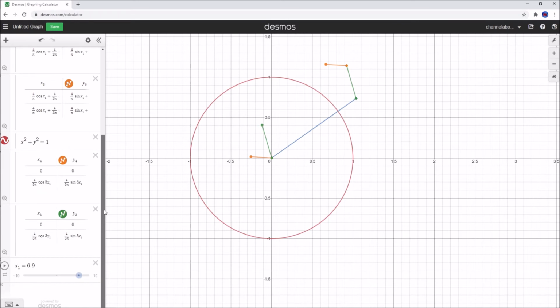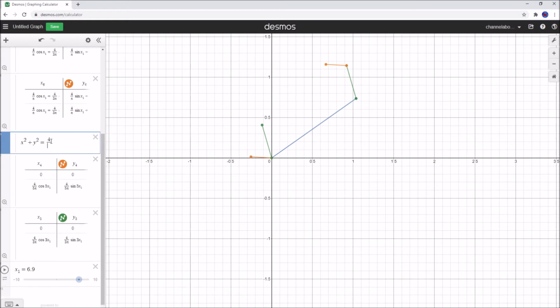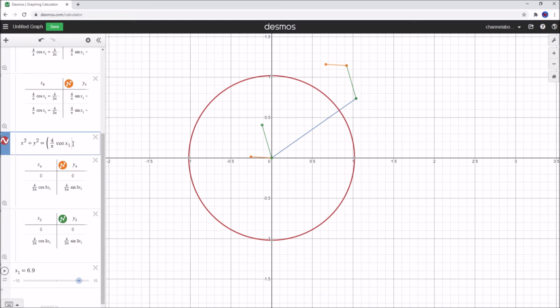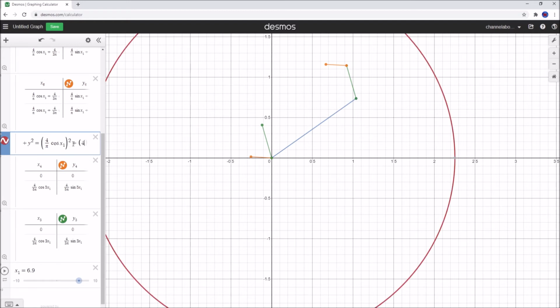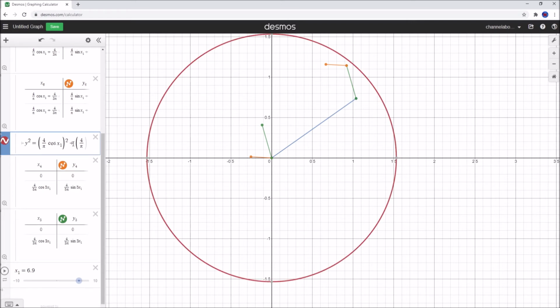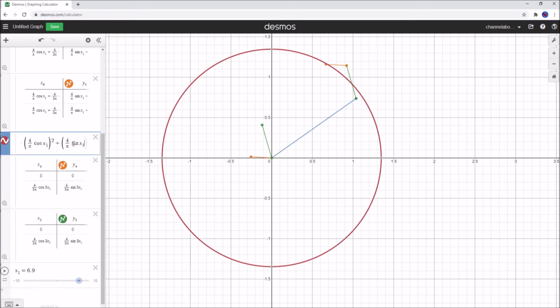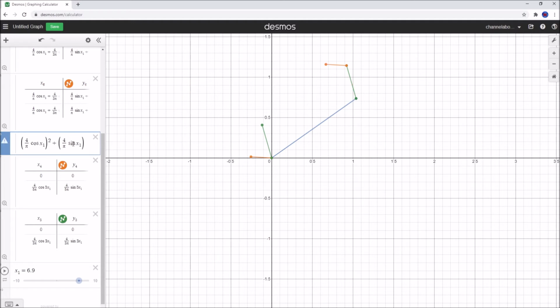So instead of having the value of 1 here, the length here is going to be 4 divided by pi times cos of x1, and it's going to be squared, to the power of 2, and also for the y component it's going to be 4 divided by pi times sin x1, and again it's got to be squared.